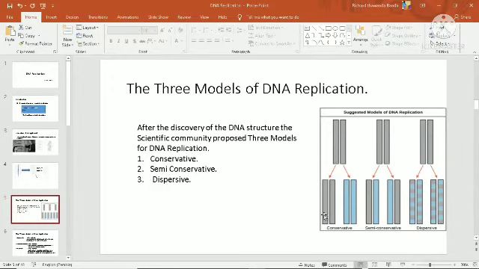one DNA molecule containing just the original strand, and then you have another DNA molecule containing newly synthesized strands.